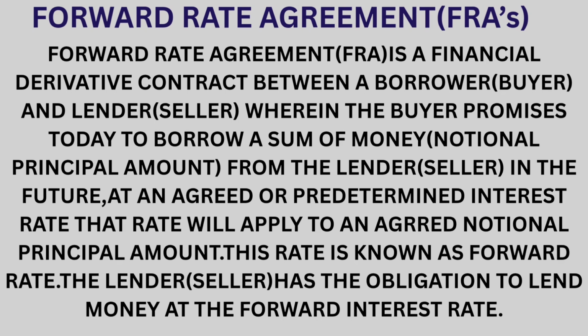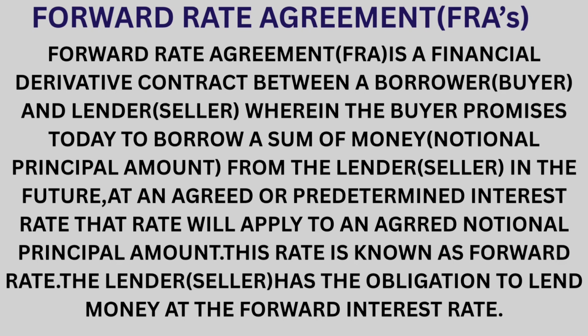Now what is forward rate agreement, FRA? Forward rate agreement, FRA, is a financial derivative contract between a borrower, buyer, and lender, seller, wherein the buyer promises today to borrow a sum of money, notional principal amount, from the lender, seller, in the future at an agreed or predetermined interest rate.